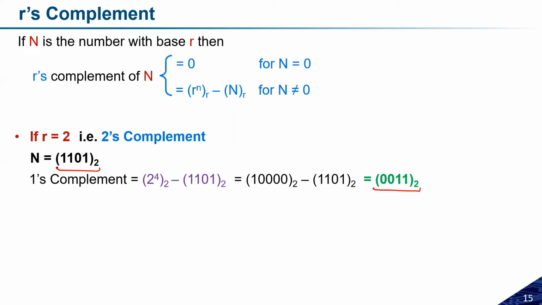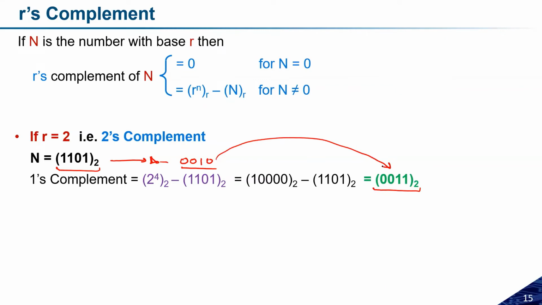Now let us try to observe something. If we recall the previous slide, we saw that if I have a number like 1101, the 1's complement was 0010. Now let us compare this with that one.